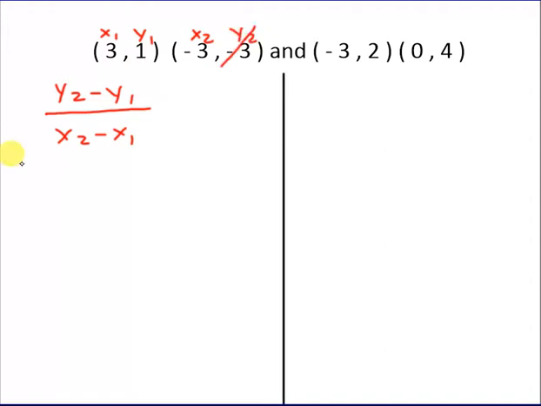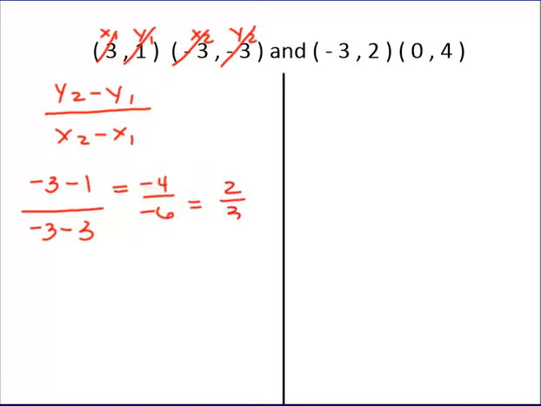So I'm going to take my y2, which is -3 minus 1 over my x2, which is -3 minus 3. Okay, so -3 minus 1 is -4, and -3 minus 3 is -6. Negative divided by a negative is a positive, and then 4 over 6 is 2 over 3. So the slope for this line right here is 2 over 3.